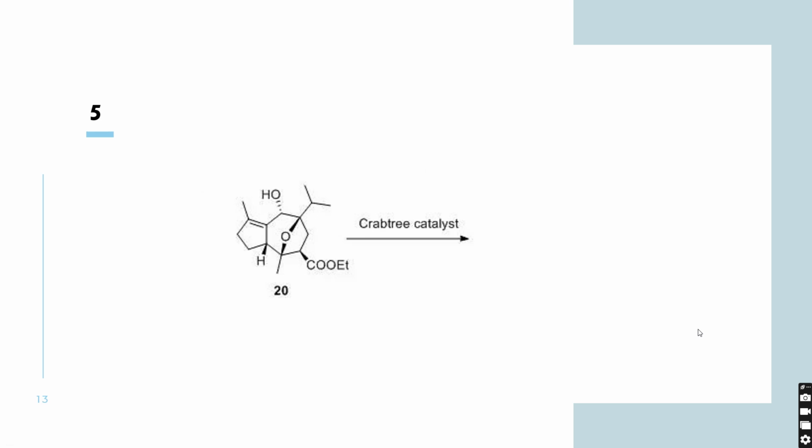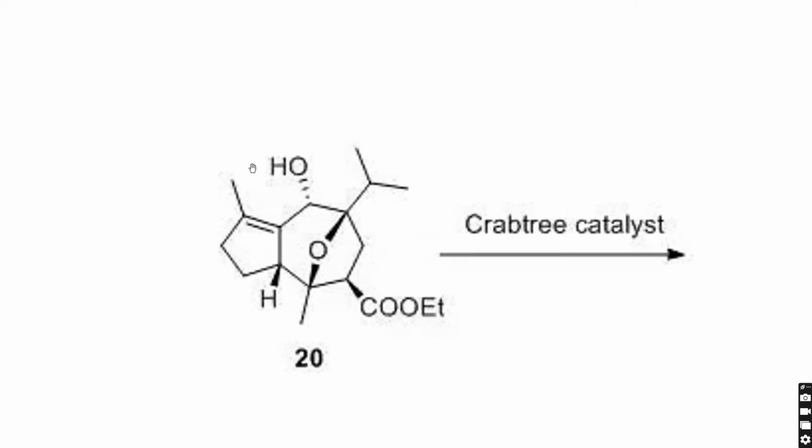Again, another question is coming from the Crabtree catalyst topic. You are given this tricyclic substrate, and you have alcohol, ester, and ether functionality along with this tetra substituted olefin. So you have to subject this substrate 20 with Crabtree catalyst.